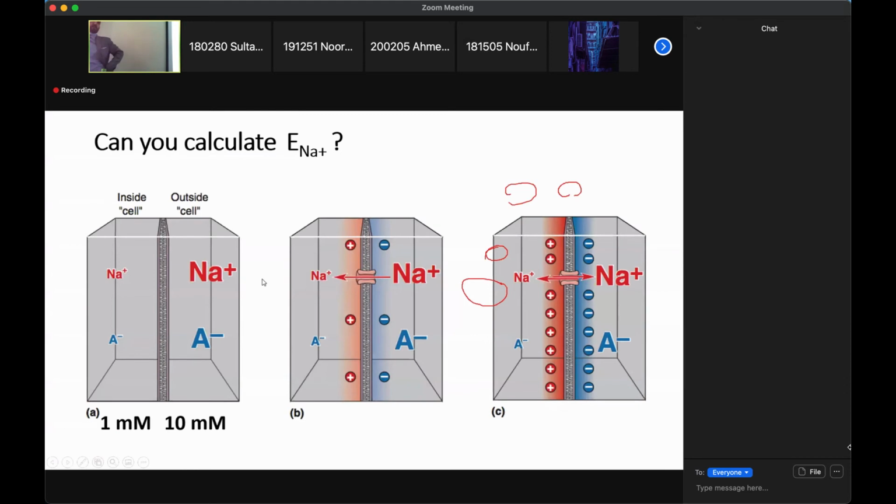So can you give a shot at calculating the equilibrium potential for sodium given these concentrations? Anyone? It's very easy.